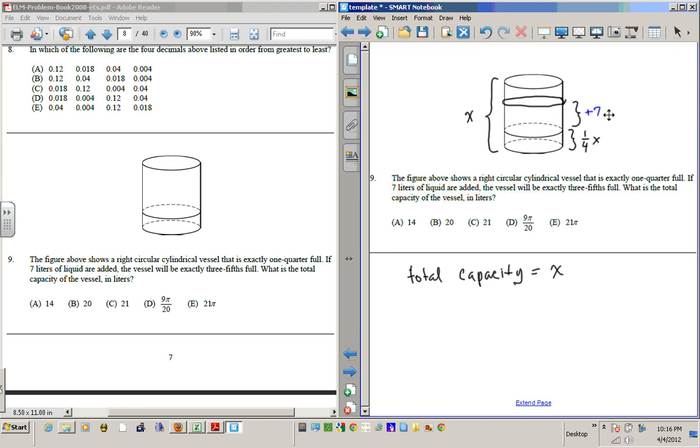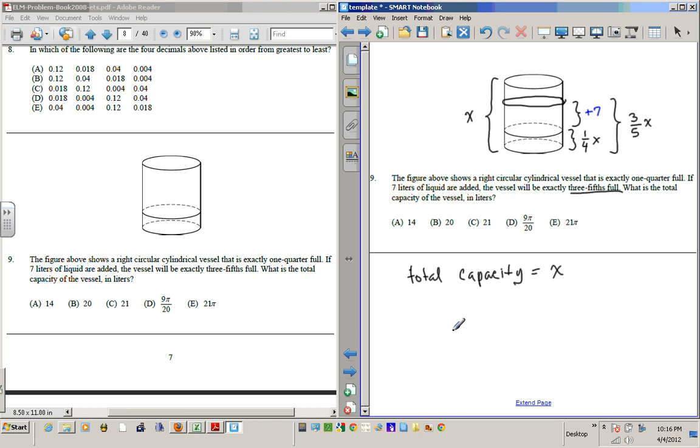After adding 7 liters, it became 3/5 full of the total amount, which is X. Initially we had 1/4 of the total amount, which is 1/4 X. After adding 7 liters, the new amount became 3/5 X. So if I can solve this equation, then that will tell me what the total amount is.